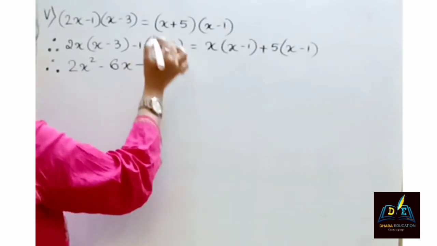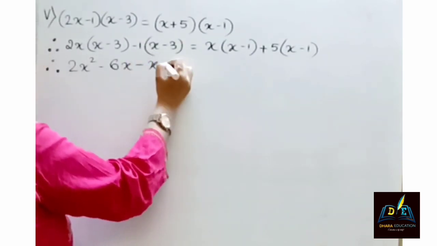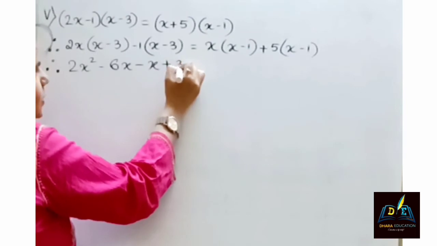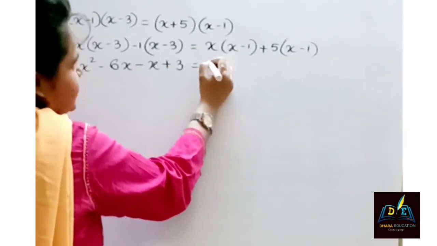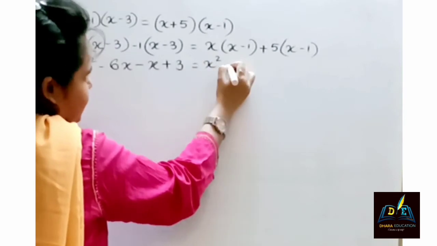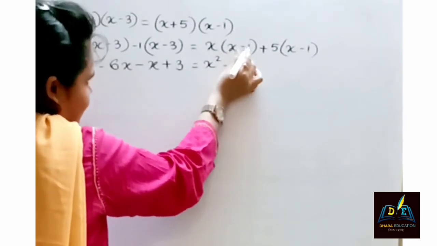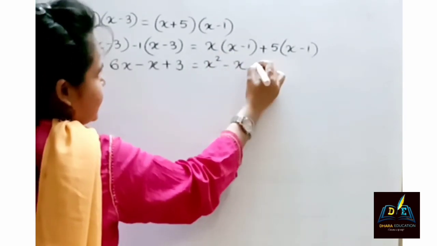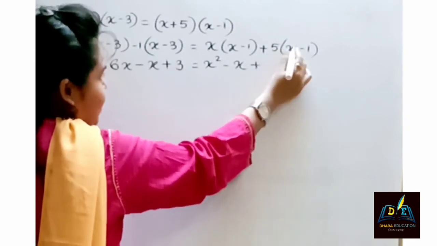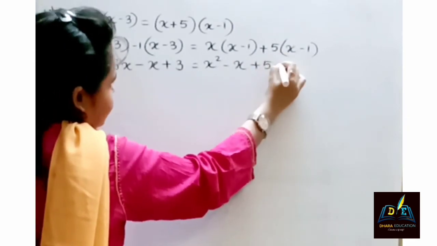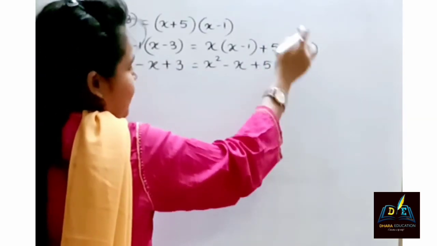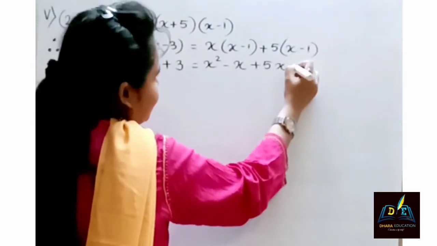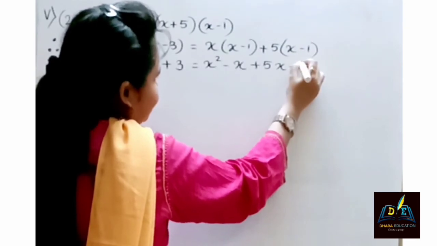And minus 1 multiplied by minus 3 gives you plus 3. Equals to x multiplied by x gives you x square, minus x multiplied by 1 gives you x again, and plus 5 multiplied by x gives you 5x, and 5 multiplied by minus 1 gives you minus 5.